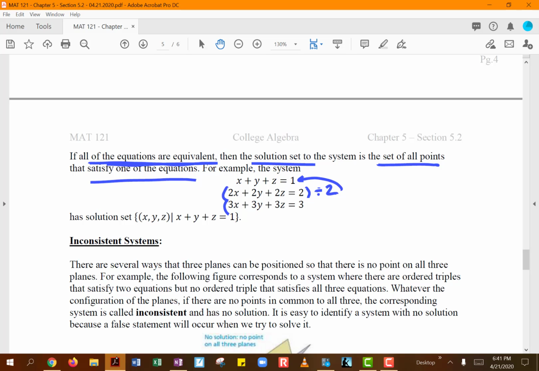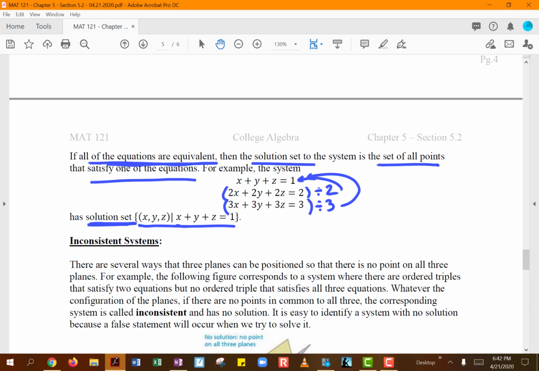If I take my third equation and divide the whole equation by 3, then the answer I get again is going to be similar to equation number 1. So equation 2 is just the first equation multiplied by 2. Equation 3 is again the first equation multiplied by 3. So that's why they are all equivalent. So whatever is the solution to one equation is going to be the solution set for your entire system. So that's kind of what they're talking about here.